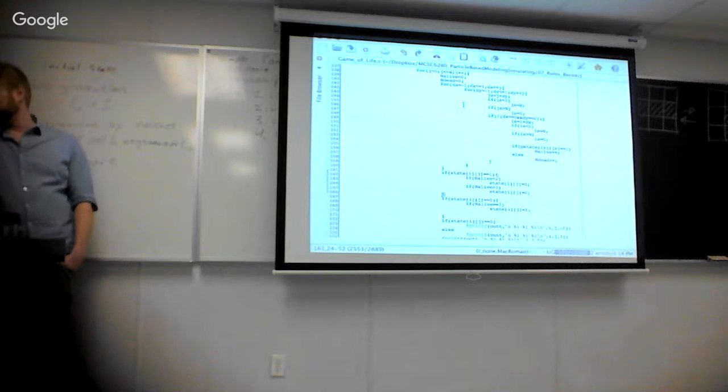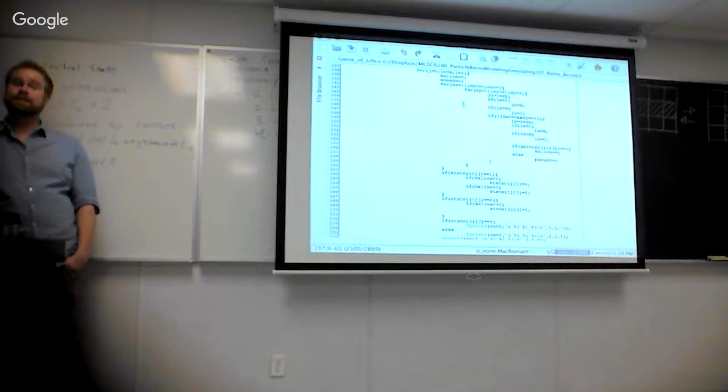So in this loop, all we're going to do is keep track of the number alive and the number dead. And then when we get down here, we evaluate: if we're alive and the number of alive neighbors is less than 2, we die. If it's greater than 3, we die. If it's 2 or 3, we live.